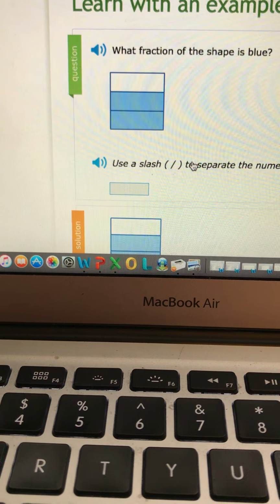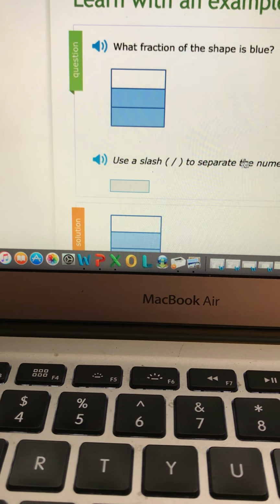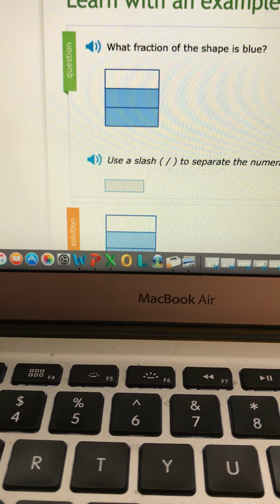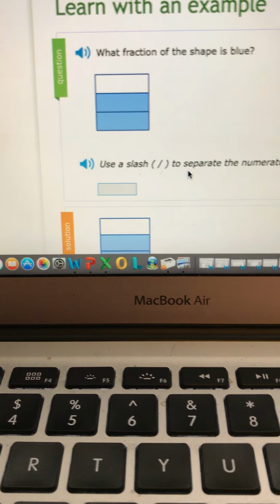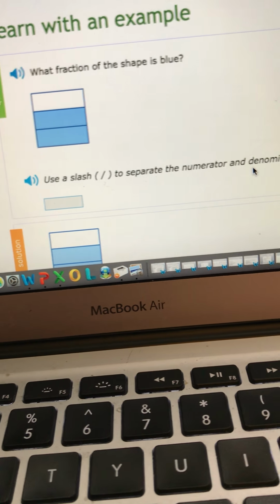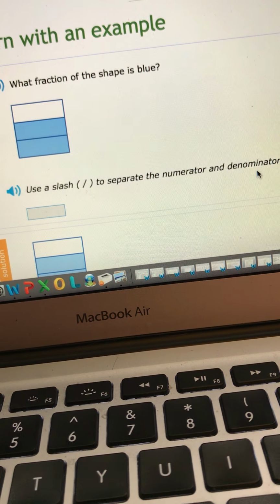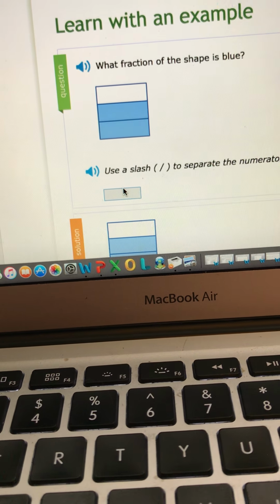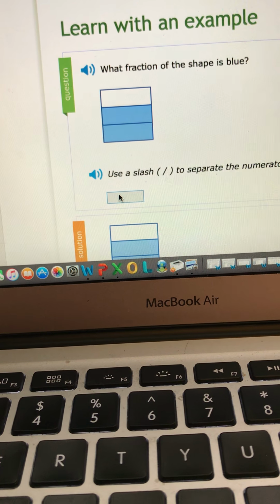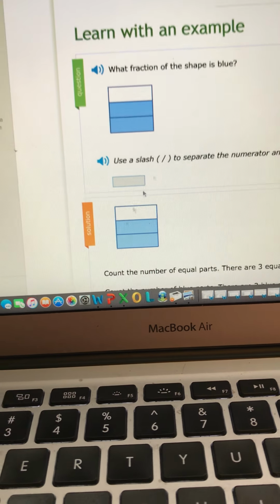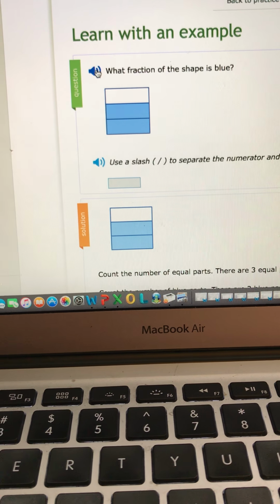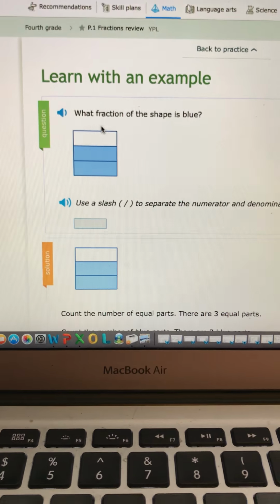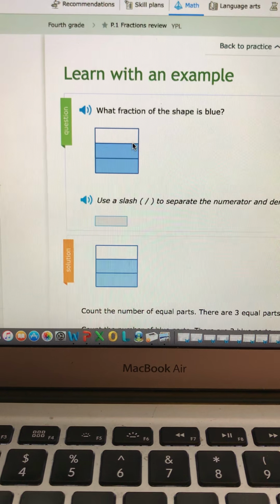So it says use a slash to separate the numerator and the denominator. Now the numerator is the number on top, and the denominator is the number on bottom. What fraction of the shape is blue?